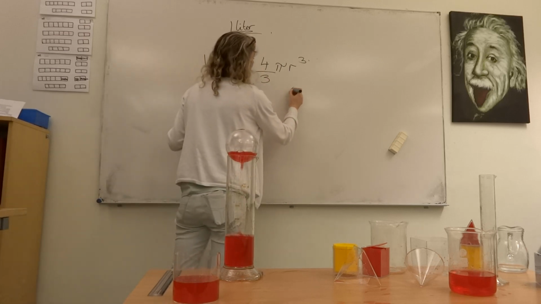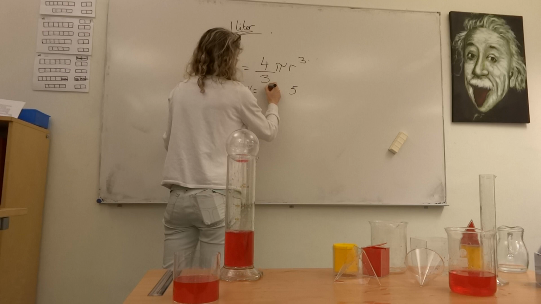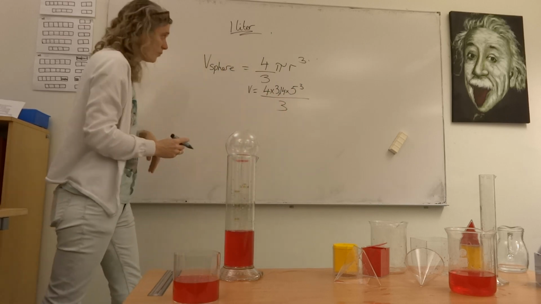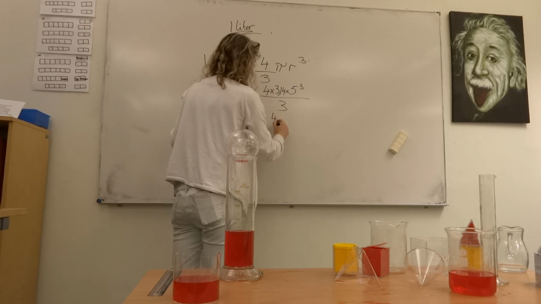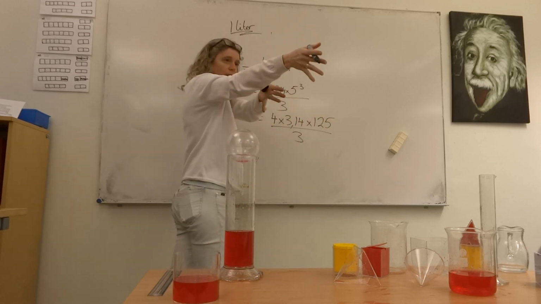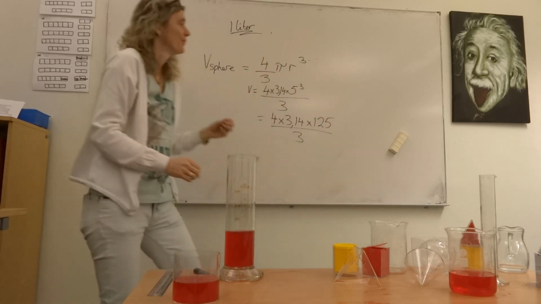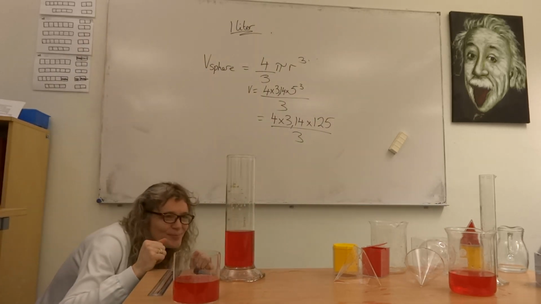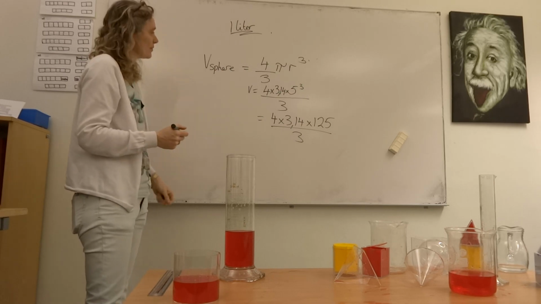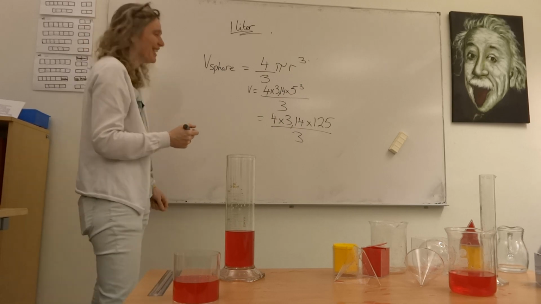Well, we know that r is 5, so we're expecting the volume of liquid that we collect here to be the same as 4 lots of 3.14 times 5 cubed, all divided by 3. 5 cubed is 125, so we've got 4 times 3.14 times 125 divided by 3, which, Maestro, is? Divided by 3. 523.